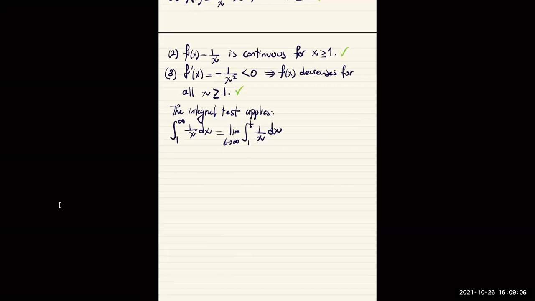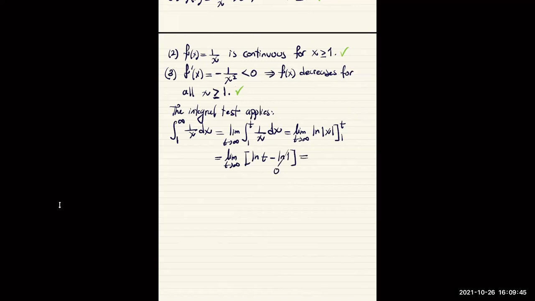Take the integral. It's ln of absolute x going from 1 to t. You can totally drop that absolute value. We've had that discussion before, because here the domain of integration is from 1 to infinity, so x is always positive. Plug in t, you get ln of t. Plug in 1, you get ln 1, which is just 0.